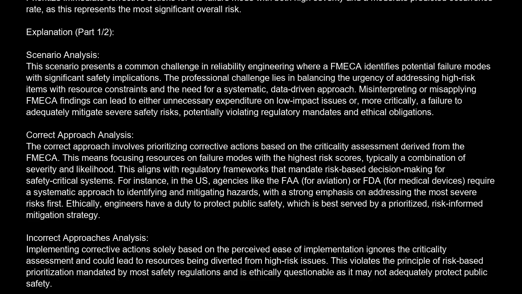For instance, in the U.S., agencies like the FAA for aviation or FDA for medical devices require a systematic approach to identifying and mitigating hazards, with a strong emphasis on addressing the most severe risks first. Ethically, engineers have a duty to protect public safety, which is best served by a prioritized, risk-informed mitigation strategy.